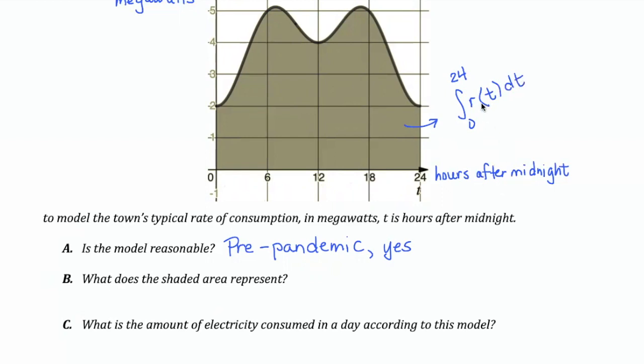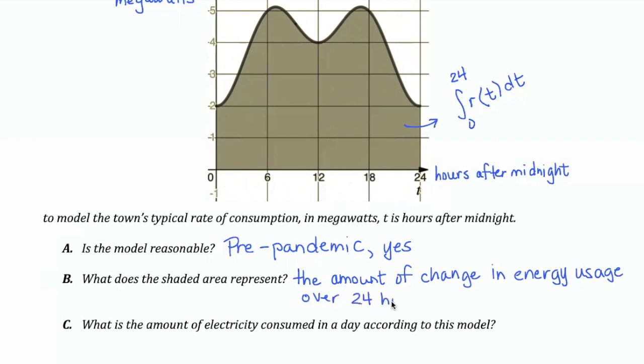Now, like we saw above, when you integrate a rate, you get an amount of change. So the shaded area here represents the amount of change in energy usage over 24 hours. Integrate the rate and you get an amount.